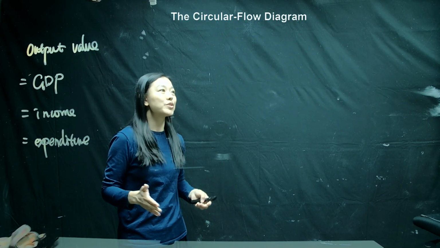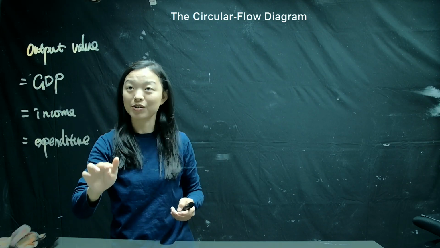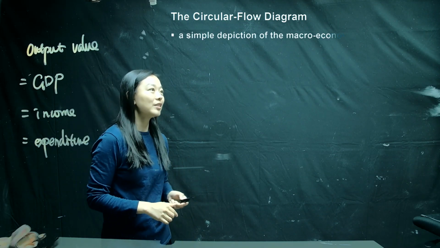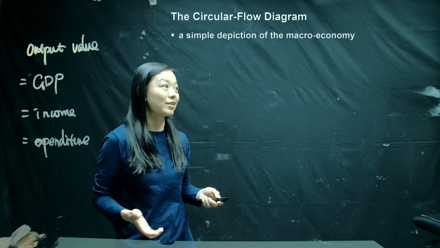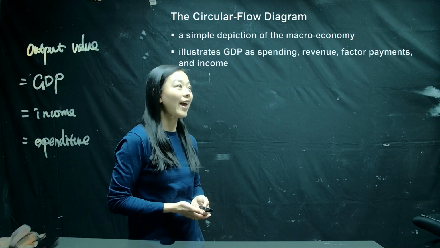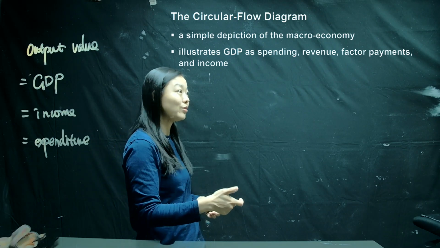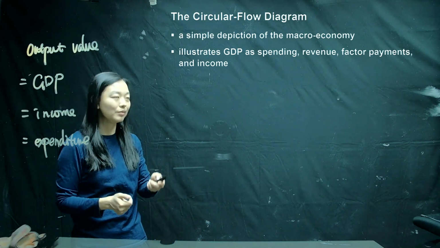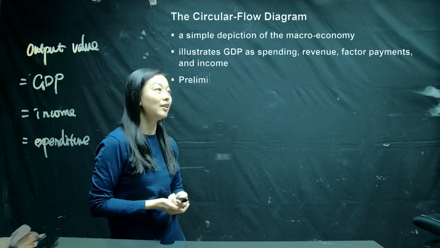Now we will use a circular flow diagram to show you how income equals expenditure. This circular flow diagram is a very simple description of the macroeconomy, and it illustrates GDP as spending, revenue, factor payments, and income. So it illustrates GDP from different perspectives.